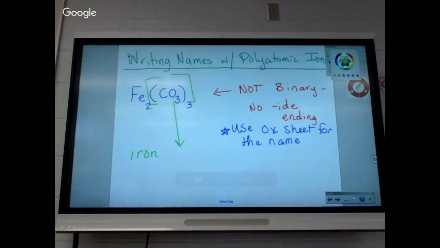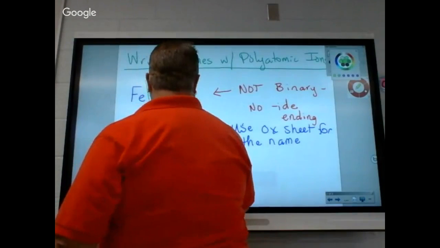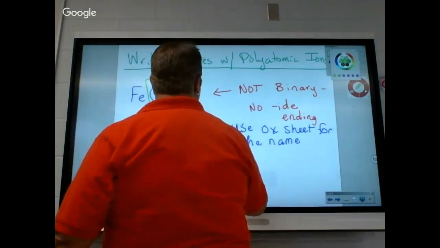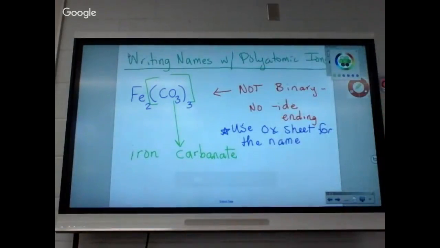What did you find? Did everybody find carbonate? We write carbonate. We do not write the word ion. It's an ion as long as it's on the oxidation sheet, but once we take it off the sheet, it's not an ion anymore. So, iron carbonate.